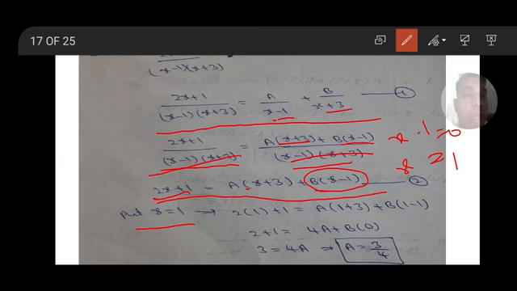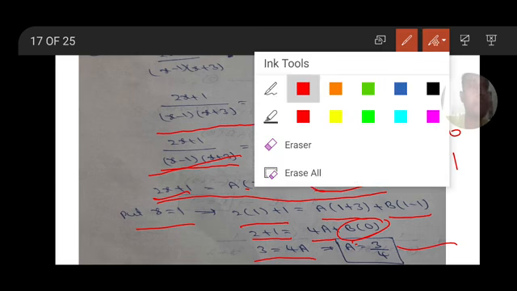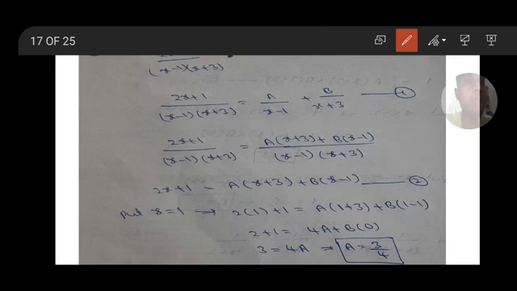So 2 into 1 plus 1 equals a into 1 plus 3 plus b into 1 minus 1. 2 plus 1 is 3, 1 plus 3 is 4, so 4a, and b into 0 means total 0. 4a equals 3, a equals 3 by 4. This is the a value.